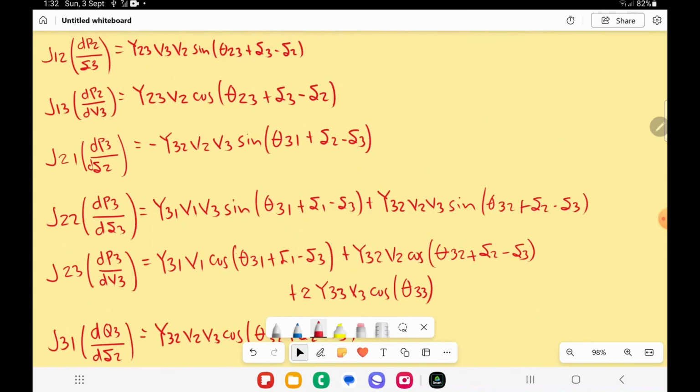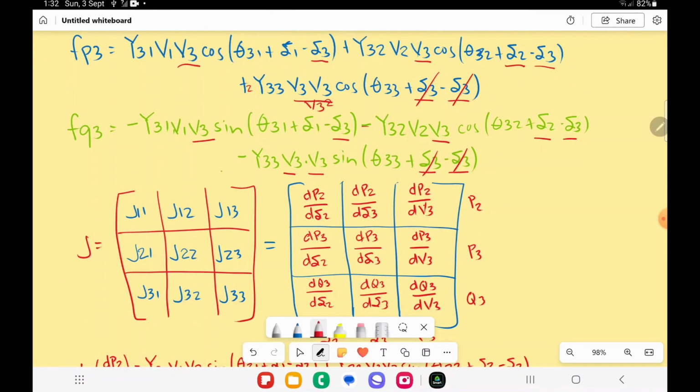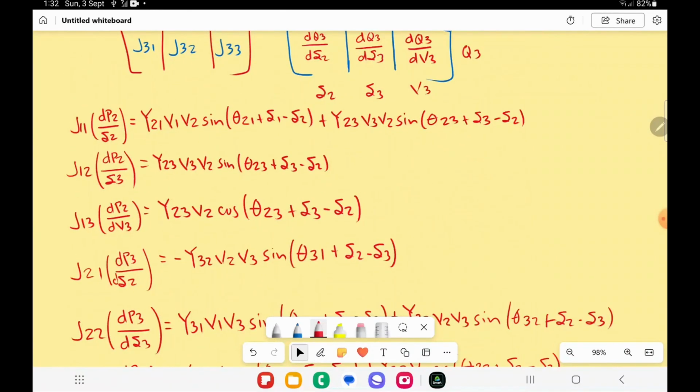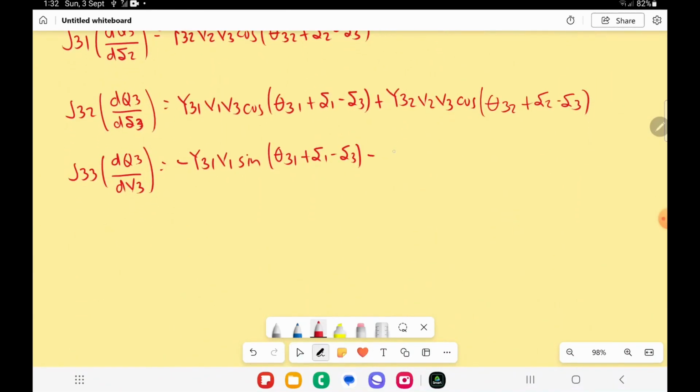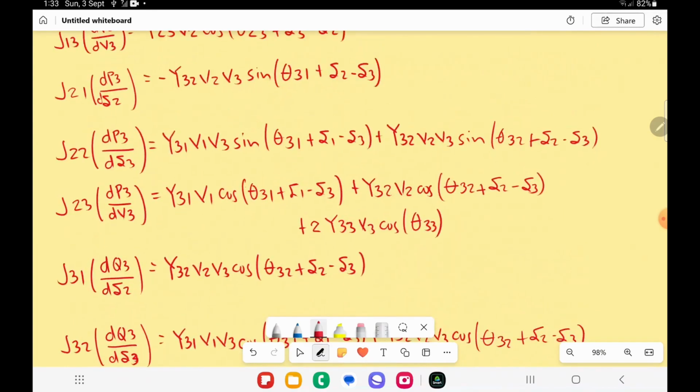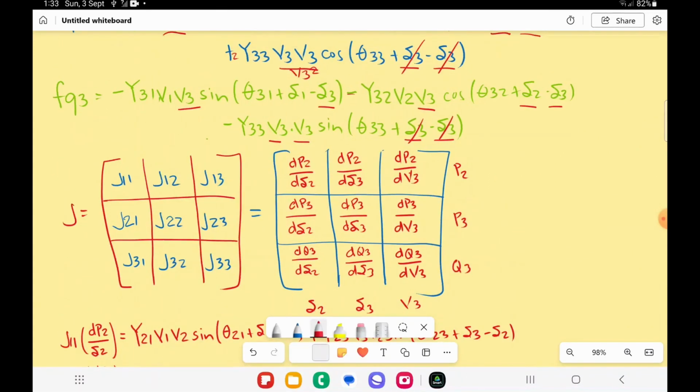So for the second term, negative y32 b2 sine theta 32 plus delta 2 minus delta 3. For the last term, we have B3 square.